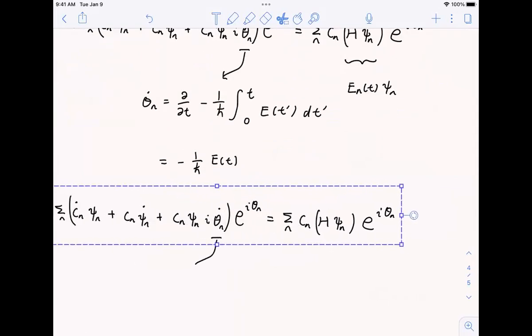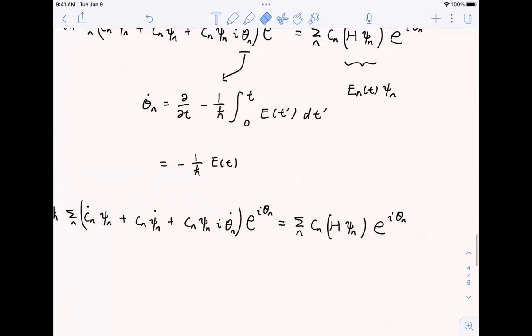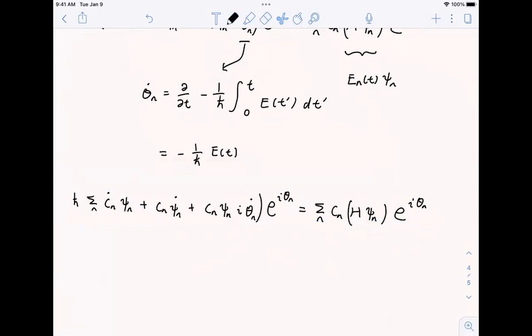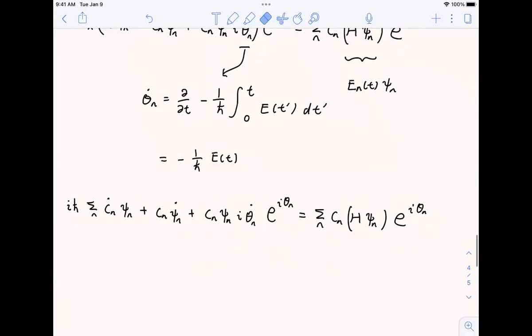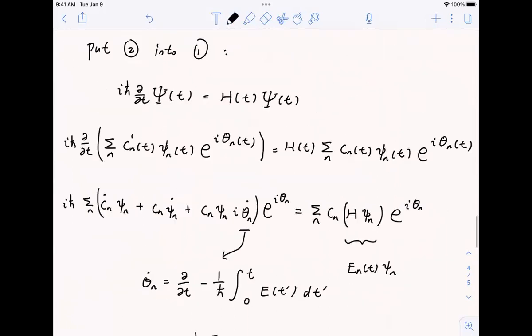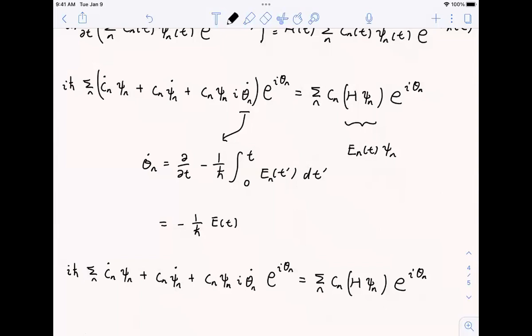Let's do it one by one. Just separate it. Because there's an n here, this is n. Yeah, sorry for the notation confusion.